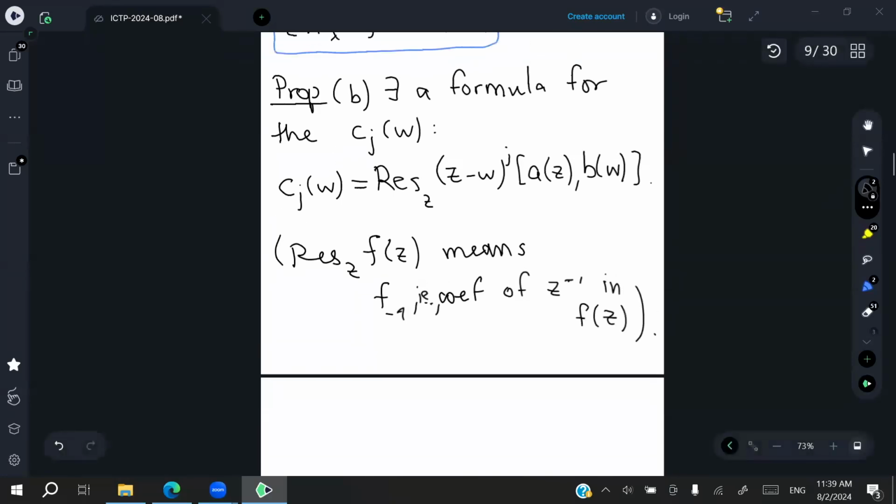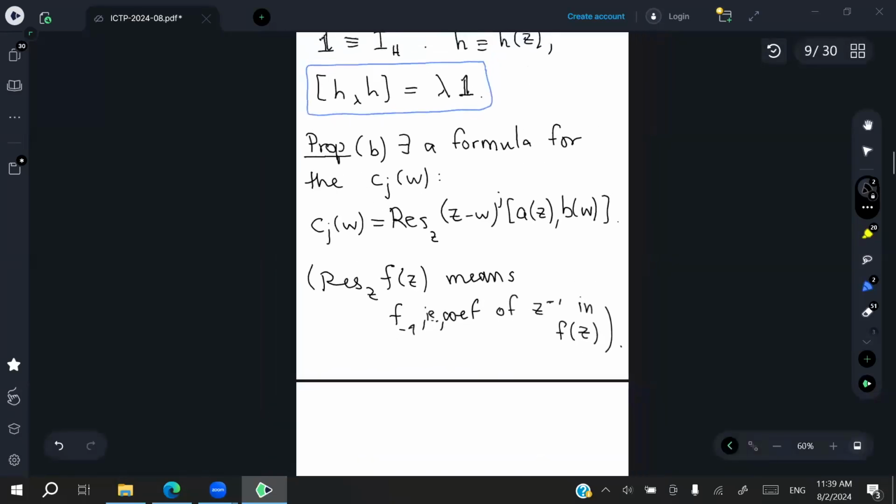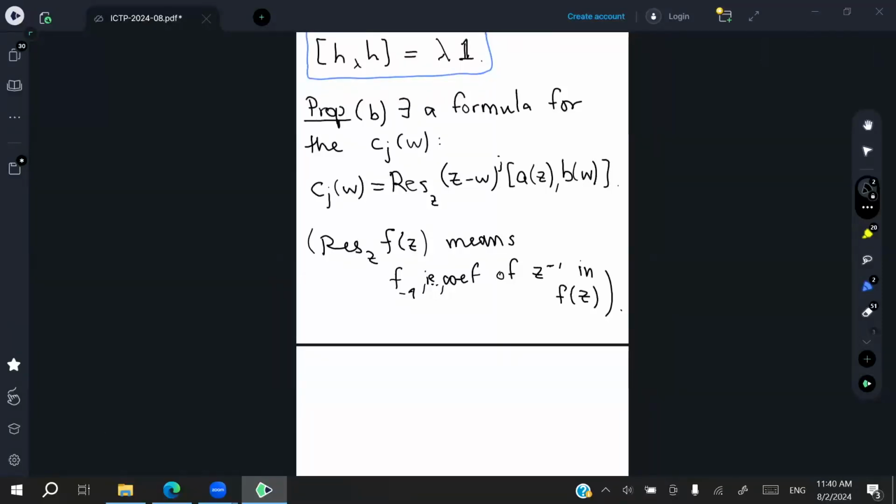So this formal residue symbol says, if you have an expression which is a formal power series in powers of Z, positive and negative, you simply extract the coefficient of Z to the -1, okay? So like in the residue theorem. So we do this with the commutator of AZ with BW, we multiply by Z minus W to the J, and one can show that CJ now of W is given by this residue, okay? And really part A and part B of this proposition are proved together by a sort of induction on this number N that appears in the locality property, okay?